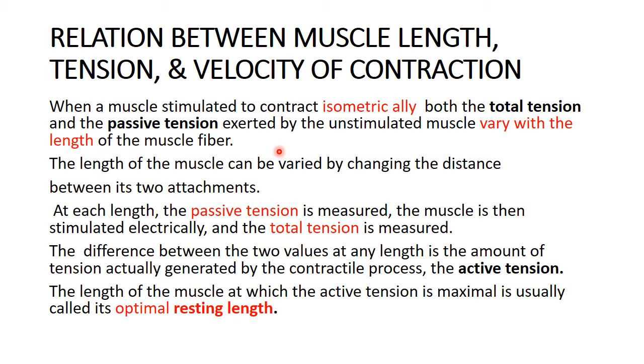The greater the initial resting length, the greater the force of contraction. The length of the muscle can be varied by changing the distance between the two attachments. The length of the muscle at which active tension is maximal is usually called the optimal resting length. For a sarcomere, it is 2.2 micrometers, 2 to 2.5 micrometers.